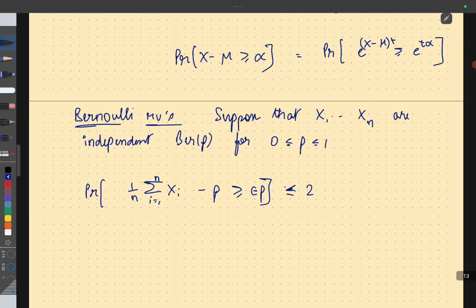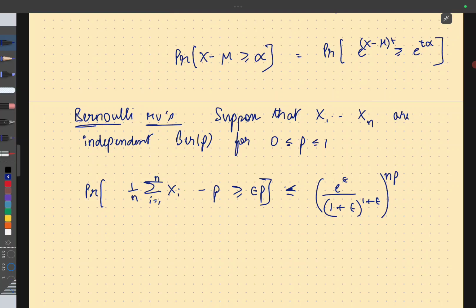So this probability is less than or equal to e to the power epsilon divided by 1 plus epsilon whole raised to 1 plus epsilon, whole to the power n times p.